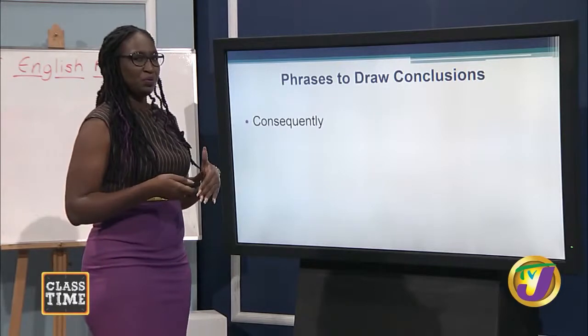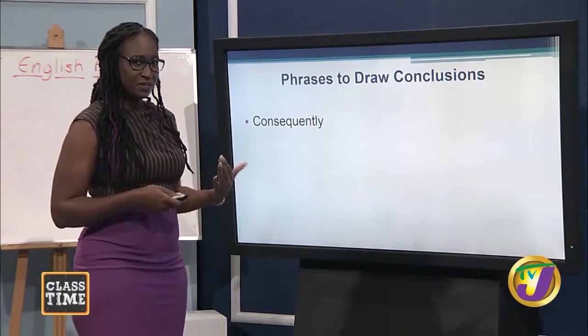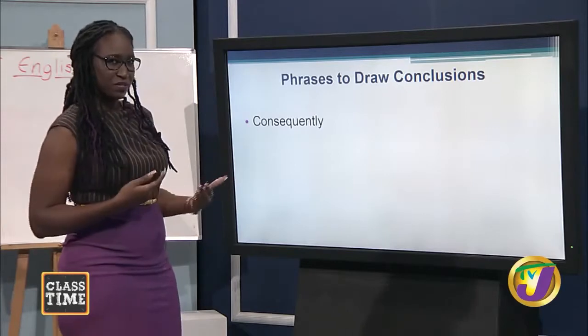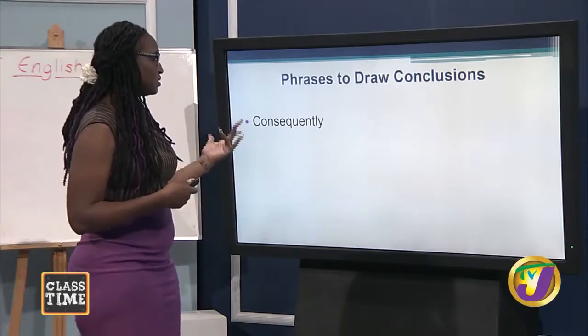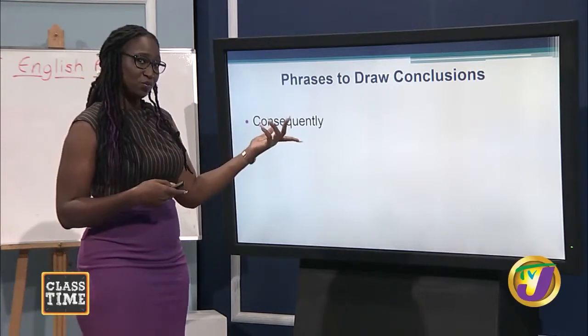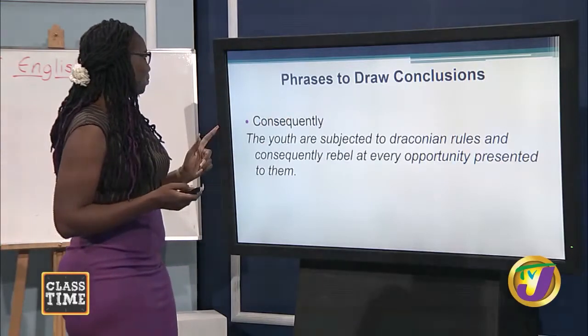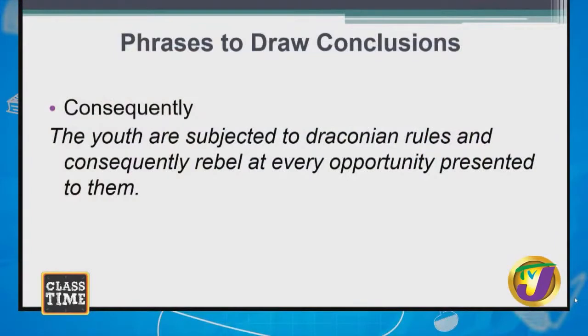Consequently. Do you remember what consequently means? Think of consequence and what that word means. So how would you use consequently now to draw a conclusion? Let's have a look. The youth are subjected to draconian rules and consequently rebel at every opportunity presented to them.